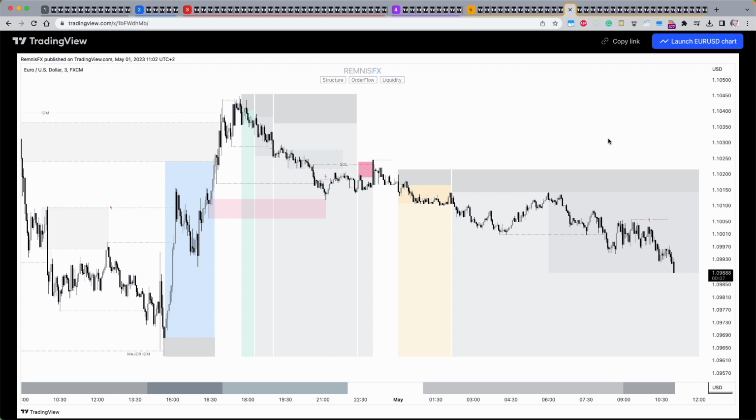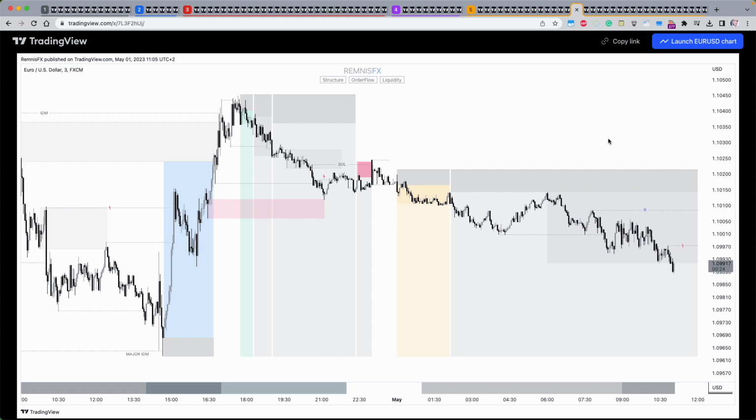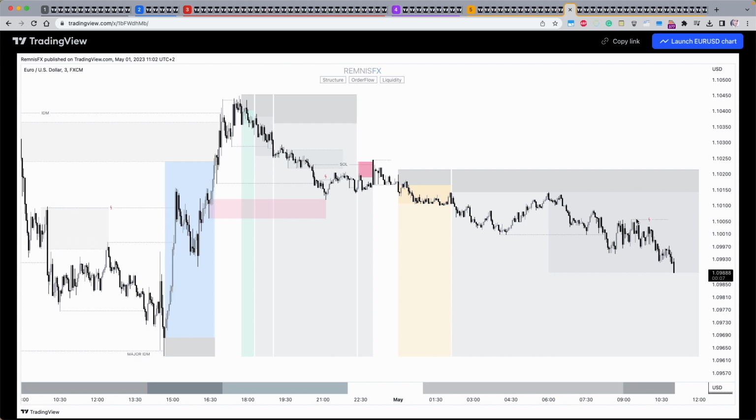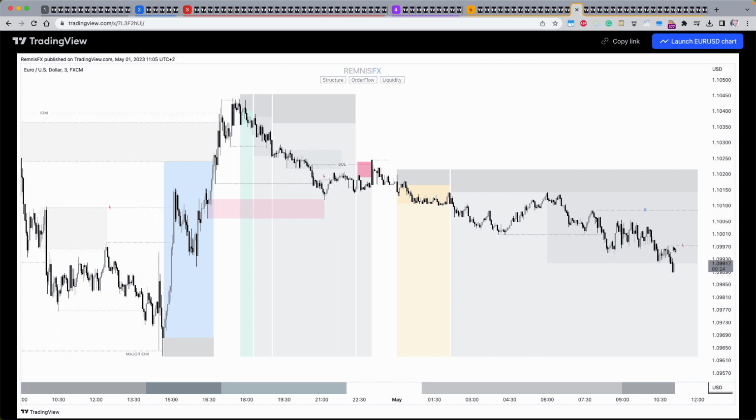Now let's continue. Right, now as you can see, I moved this inducement in the next screenshot to here, right? And this one is now my engineered liquidity. So again, the reason why I am not focusing on this one is because the liquidity bet, right?